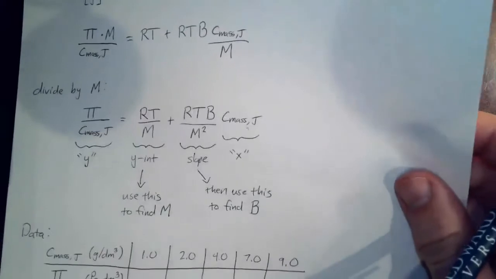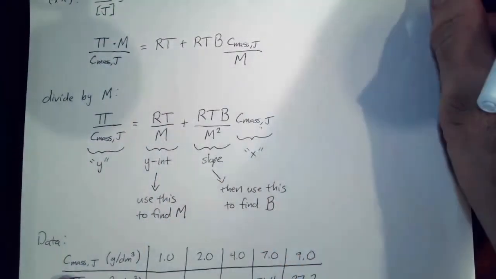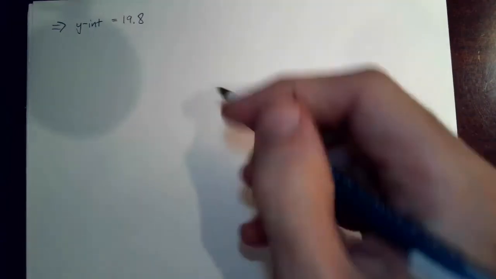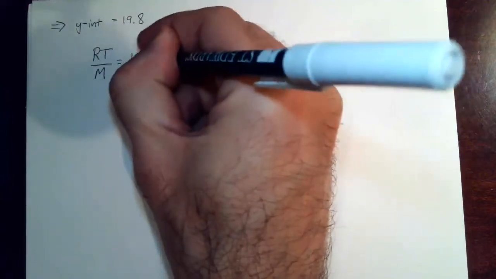Okay, so using that data and using linear regression, we can find that the y-intercept is 19.8. And going back to this, the y-intercept was equal to RT over M. So 19.8. So RT over M equals 19.8.